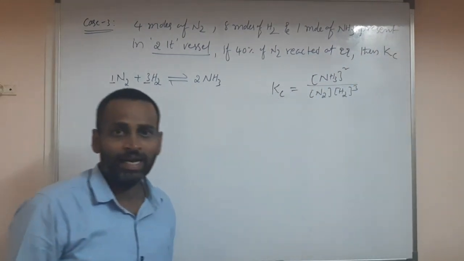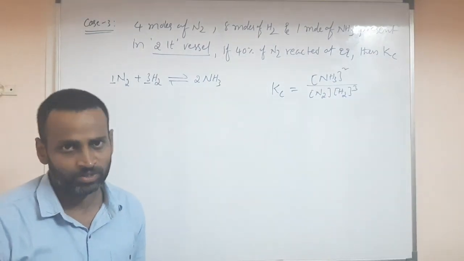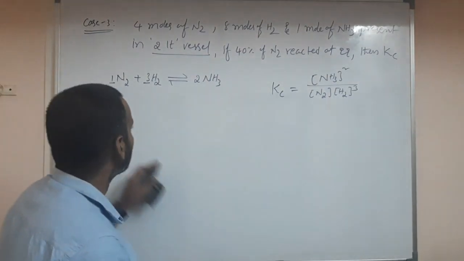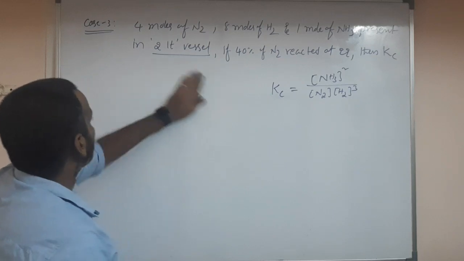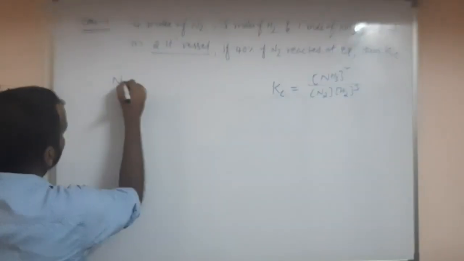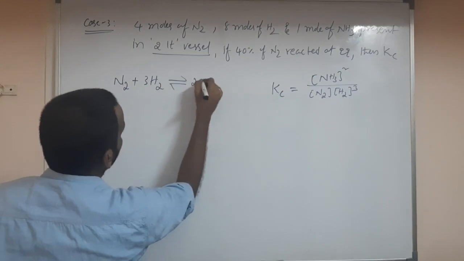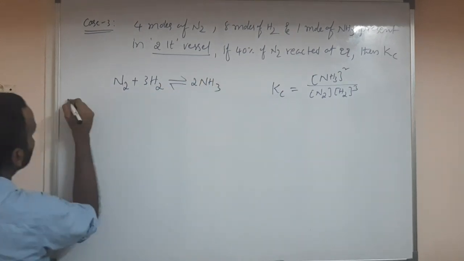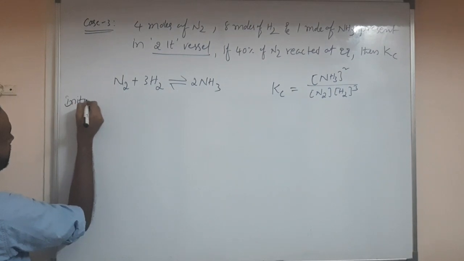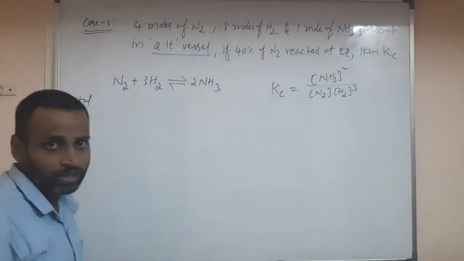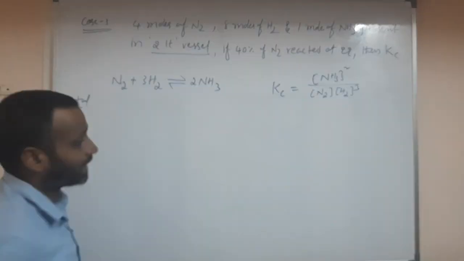Same reaction, why am I giving it? Just to make it easy so that you can compare what we are doing in all the reactions. Same story: N2 plus 3H2 in equilibrium with 2NH3. First you have to write the balanced equation and observe the reaction.